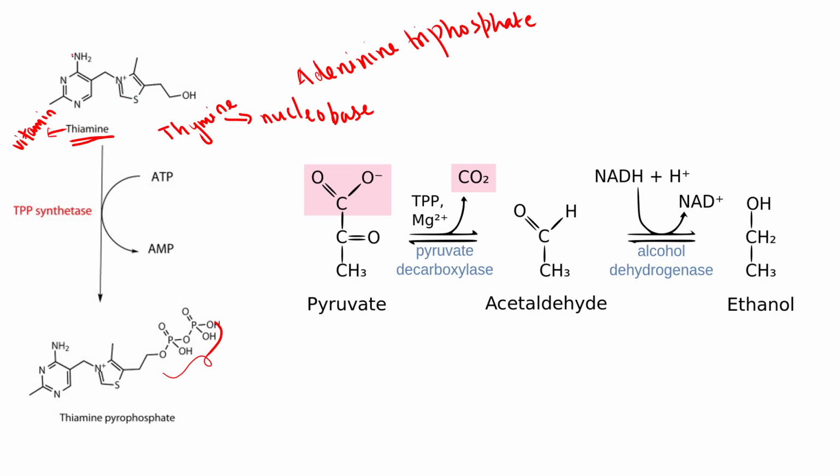This has an amine group attached to it, and that's why it was named thiamine, and it was actually one of the first vitamins that was discovered, and that's why the name vitamin came, amine, because of the amine group. It was earlier thought that all vitamins are amine containing molecules, but it was not true.